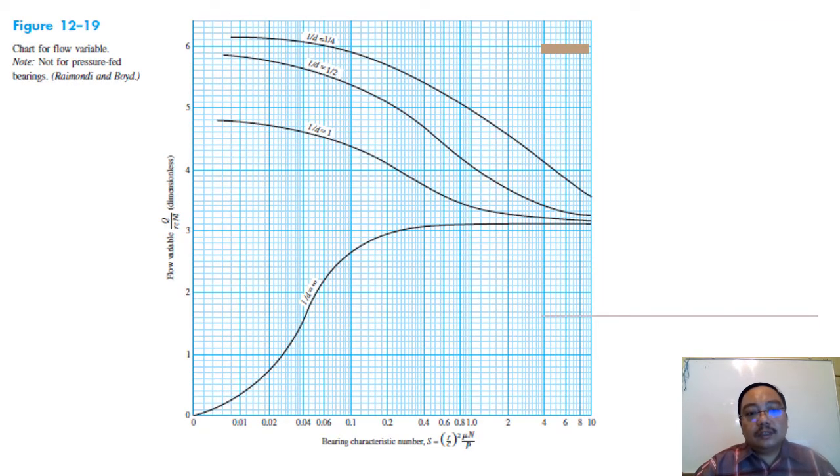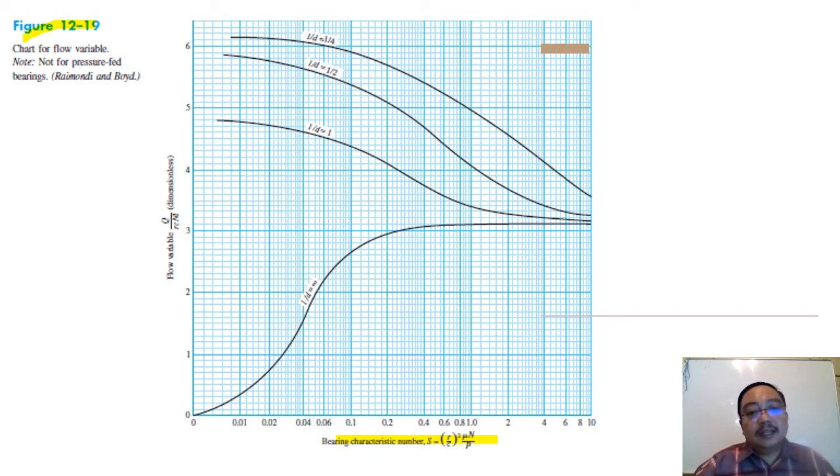Here is figure 12.19. Again, you must know the Sommerfeld number. I must emphasize, never forget the Sommerfeld number equation, (r over c) squared times mu N over P. If you do it wrong at the first question, you will do wrong for all the questions.